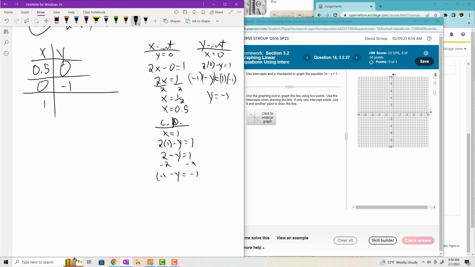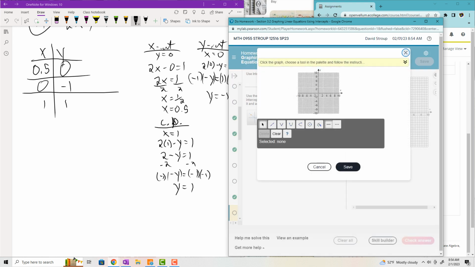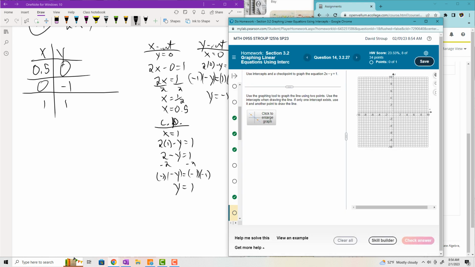Looks like we got to multiply by a negative 1. This will be y equals 1. So when x is 1, y is 1. And then we get 3 points for our table. It's not really necessary to have those 3 points, but it'll keep you from making mistakes. So if one of the points is out of line, you know you made a mistake.